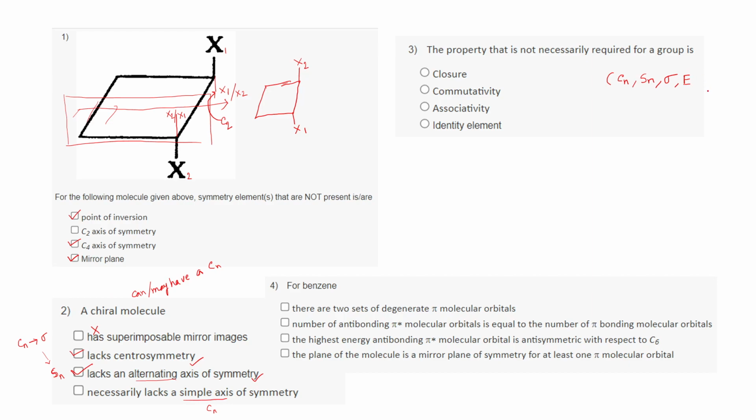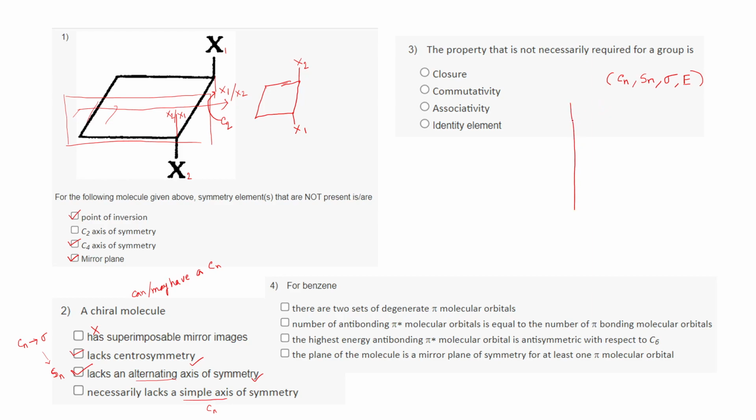So these kinds of things can make a group. Suppose one molecule can show all or any of these symmetry elements, then they will be called a group. And they will be called a group when they satisfy a few points.